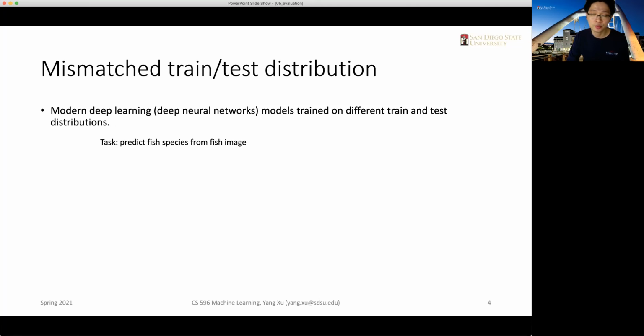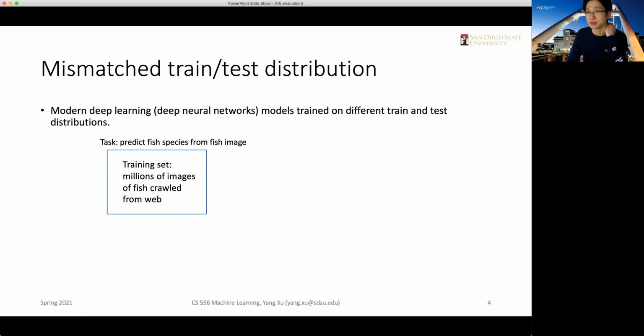For example, we're going to build an app that can predict the species of fish images, a simple image classification task. We can collect our own training data sets, but the training data that we collect can be cleaned and processed in a very scientific, reasonable style.